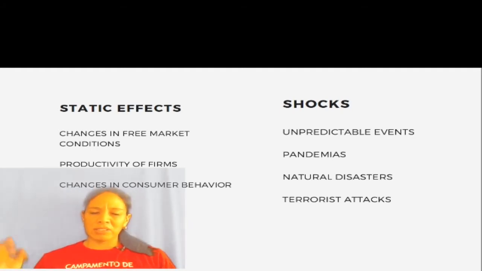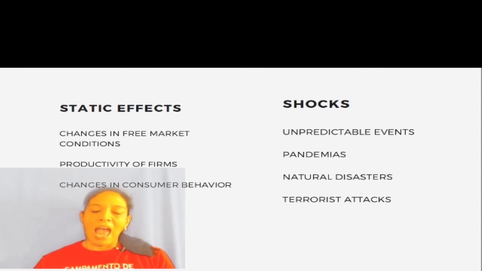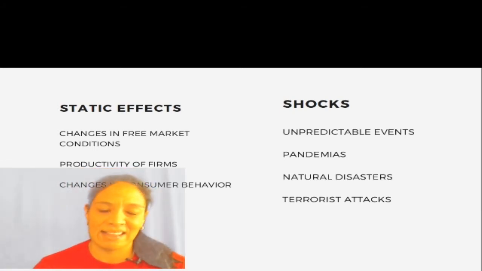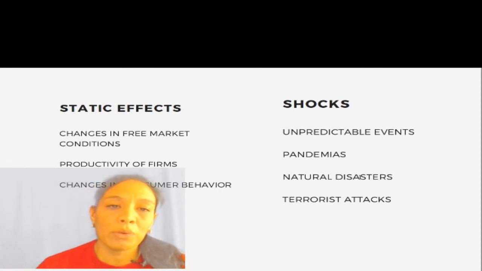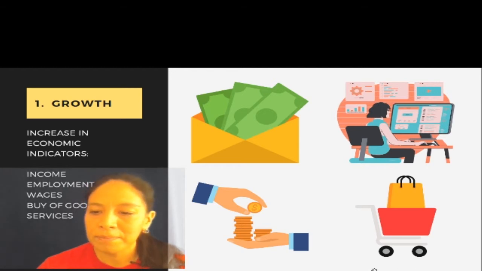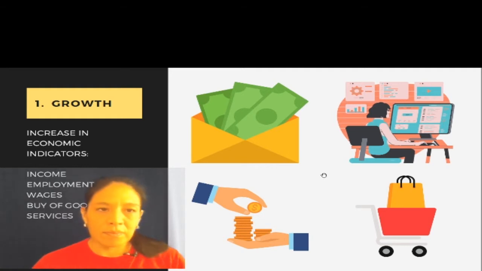These are shocks because the economy was then all focused on the war against terrorism, the war on terror under Bush son, and the economy changed and shifted towards that end. All right, so that's what we have to say about what causes the growth or the decline of the GDP. We have static effects and we have shocks.